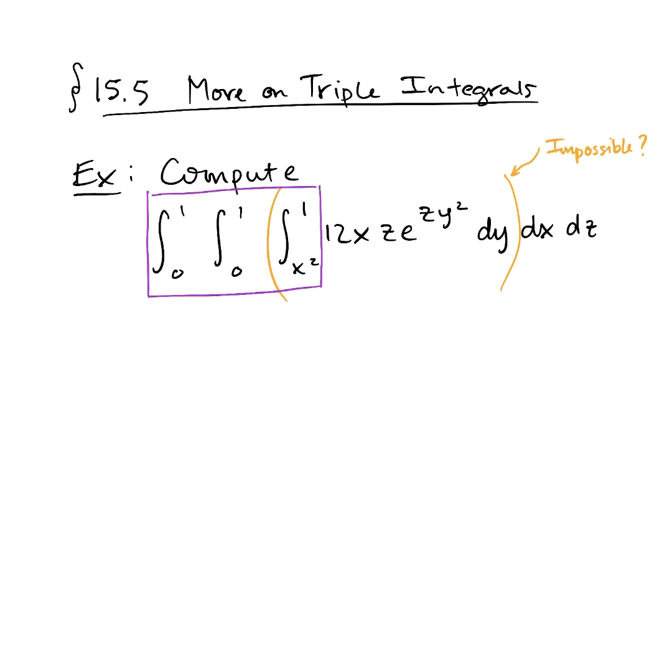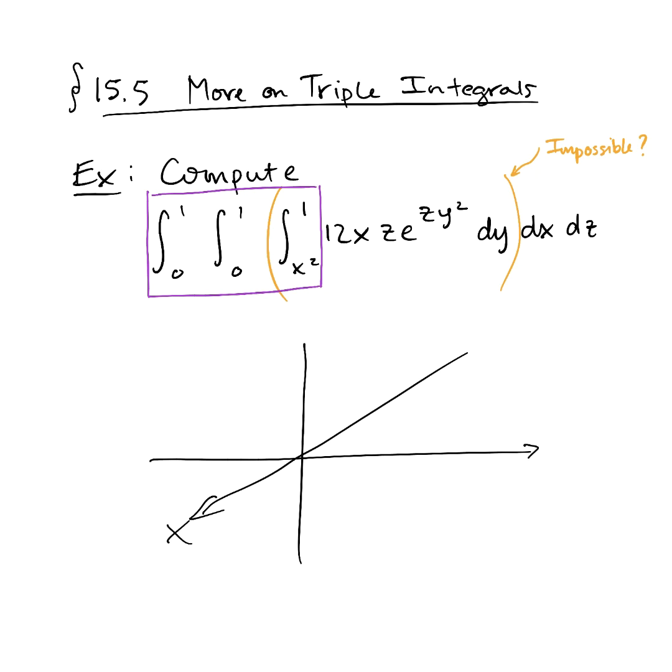So this is happening in the xyz coordinate system. So let's just give ourselves an xyz coordinate system. X is out of the screen. Y is pointing to the right, like usual. z pointing up.